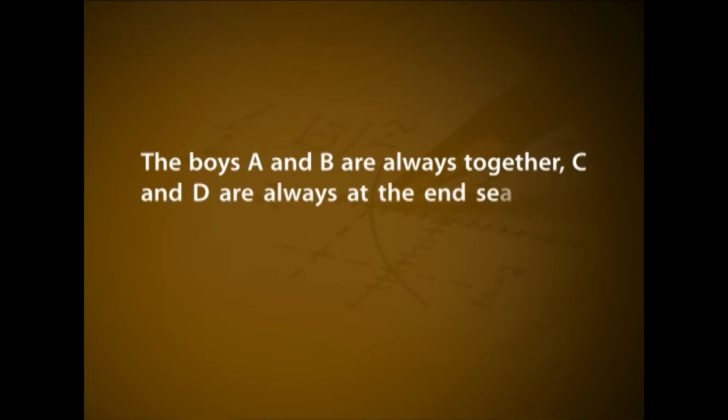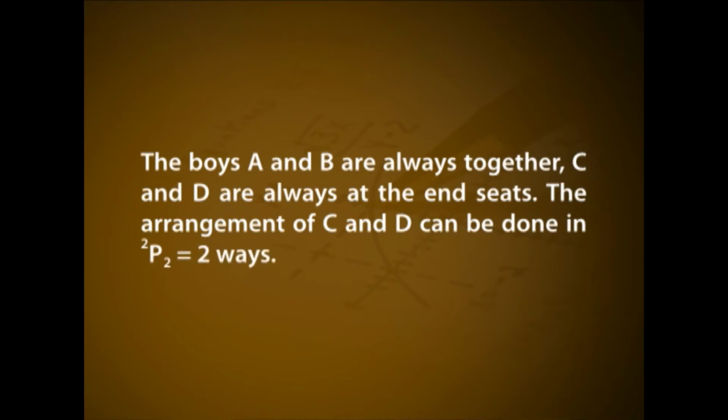Next example: consider the situation where 6 boys are to be seated in a line so that the boys A and B are always together, C and D are always at the end seats. The arrangement of C and D can be done in 2P2 equals 2 ways. The remaining 4 boys are now treated as follows: the boys A and B together as a unit and the remaining 2 as 2 units, so that altogether there are 3 units.